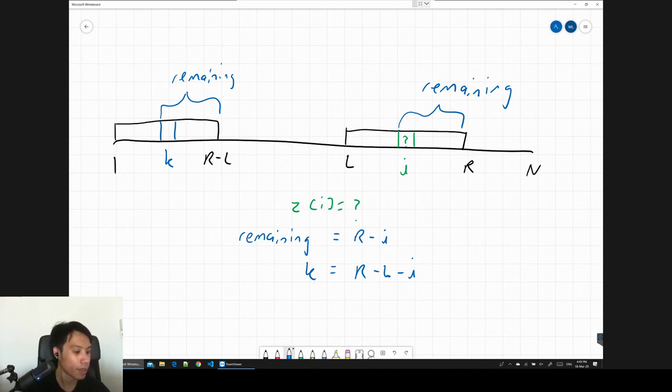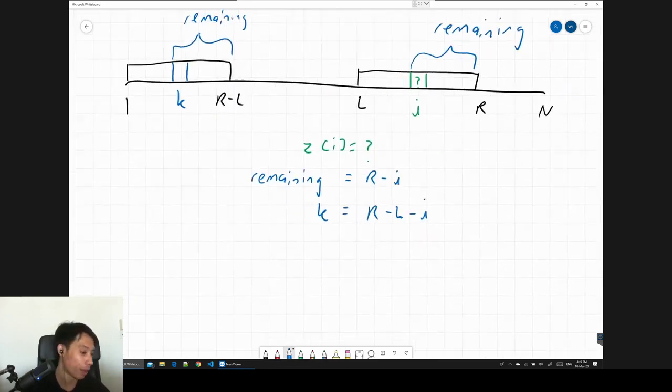So where is the dynamic programming part? The dynamic programming part actually lies here. ZK can actually be used for you to find out what is ZI, without having a lot of recomputation. So this is the entire essence of your Z algorithm.